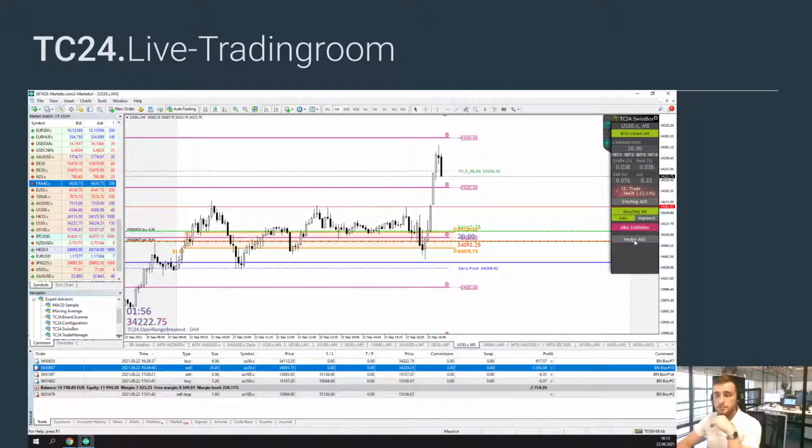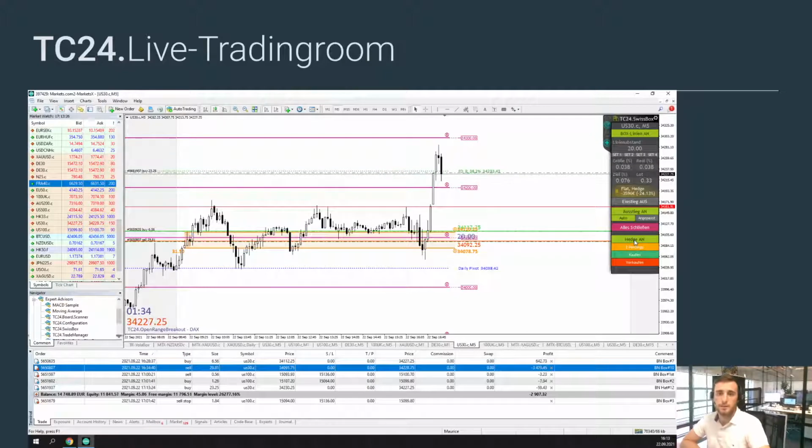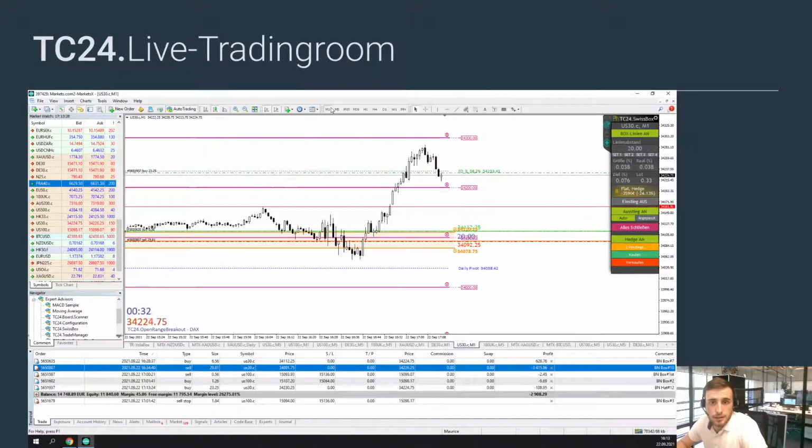So let's see, as the market comes down a bit further. And then we'll just hedge it there. Okay, so that's us re-hedged into that position now.